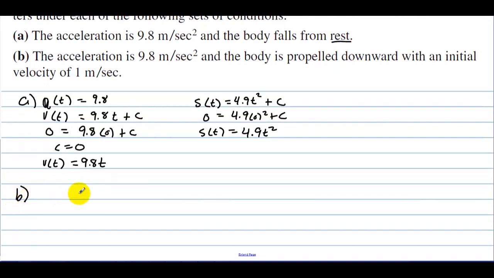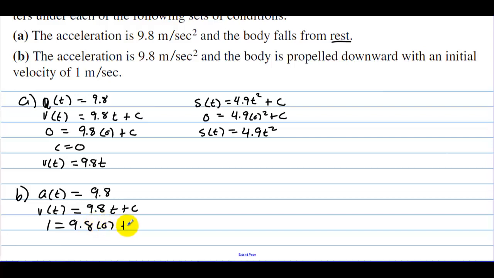In letter B, we have the acceleration is 9.8 meters per second squared, and the body is propelled downward with an initial velocity of 1 meter per second. So the acceleration is equal to 9.8. The velocity is, again, 9.8 t plus c, but now at time 0, the velocity is going to be 1.